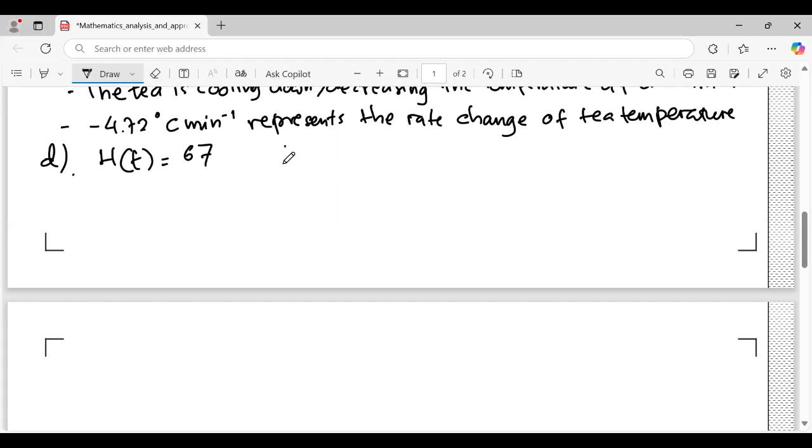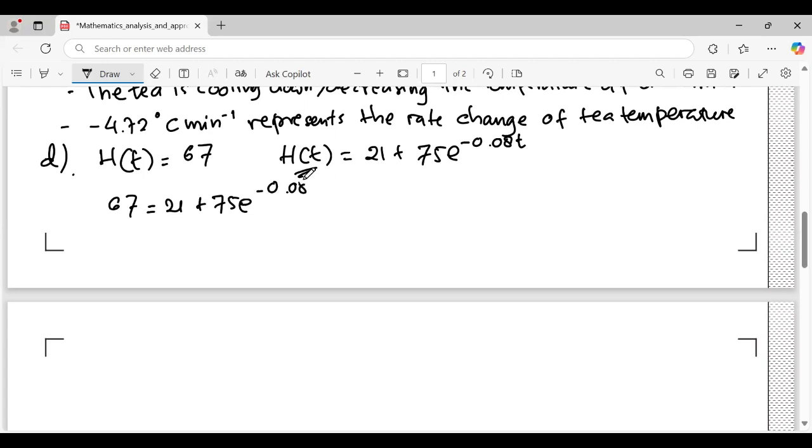So the h(t) function is 21 plus 75 e power minus 0.08t. If h(t) equals 67, it becomes 67 equals 21 plus 75 e power minus 0.08t.